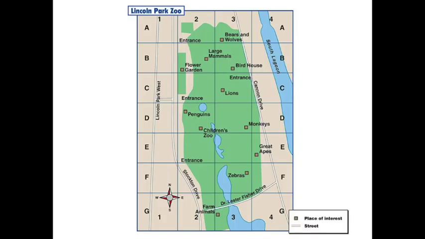Now, I'm going to put up a picture of a coordinate grid map, and I want you guys to tell me or remind me maybe, how did I find something on a coordinate grid map? Good, so we can see the map, and now I want you guys to remind me, what did I use to tell you in math when we were learning how to read the coordinates given to us?